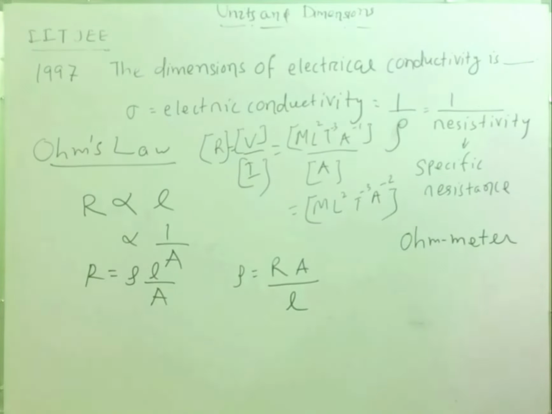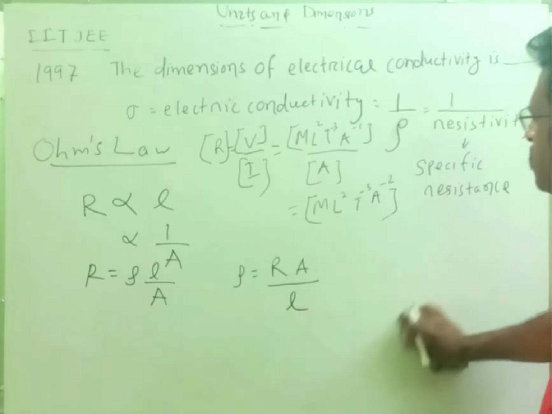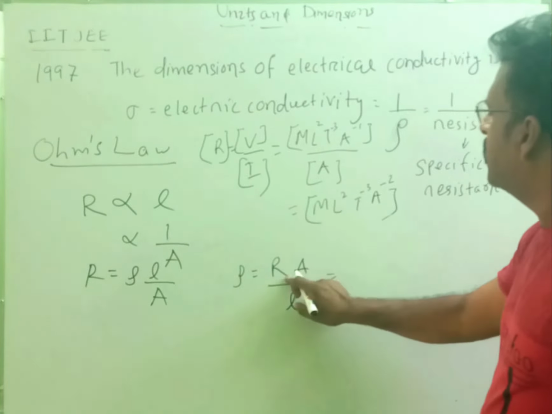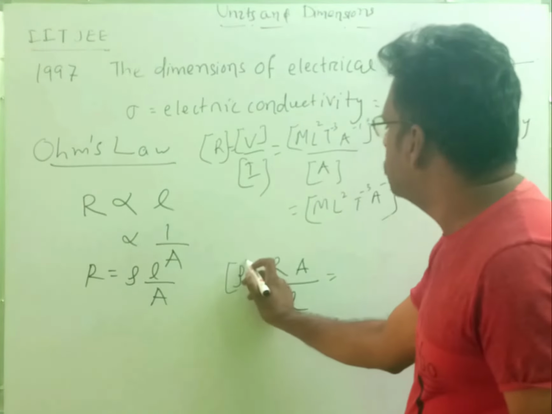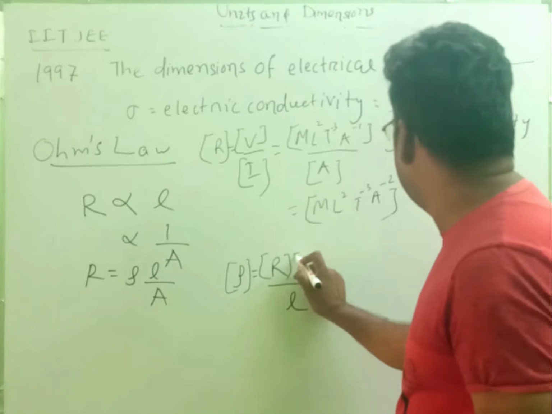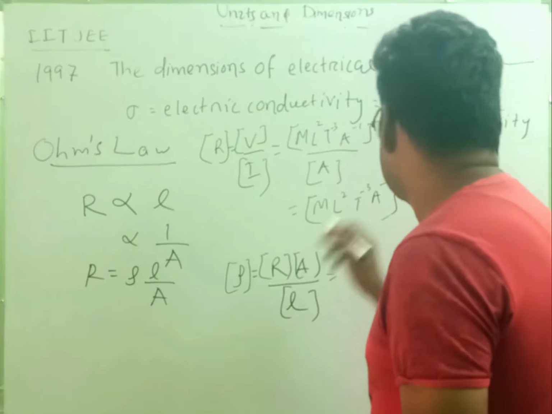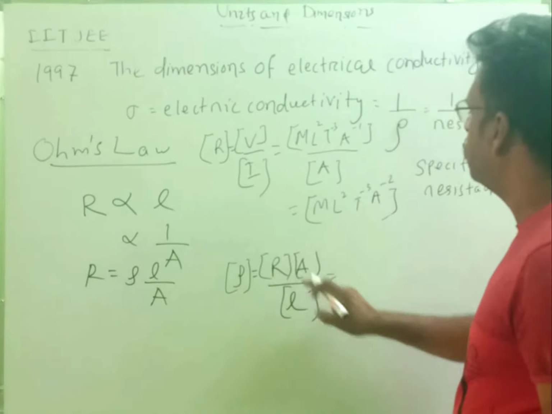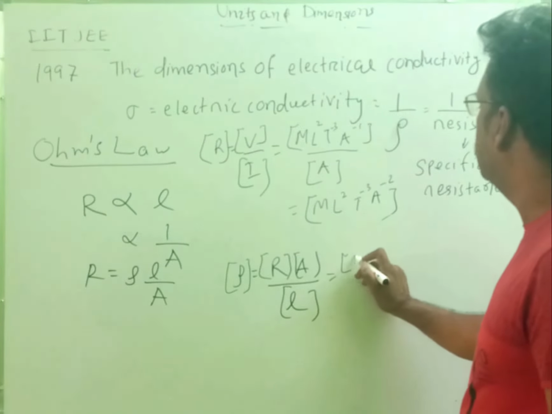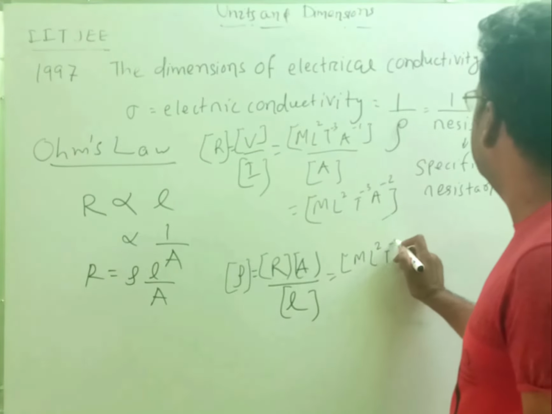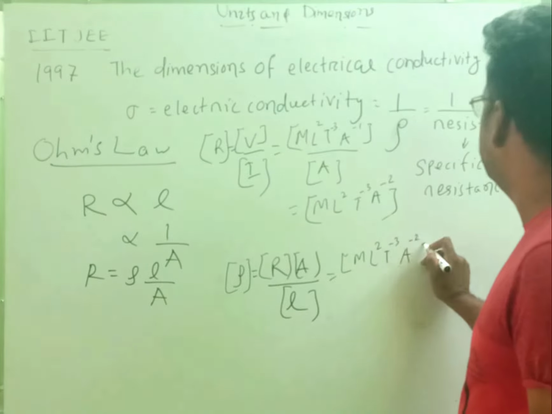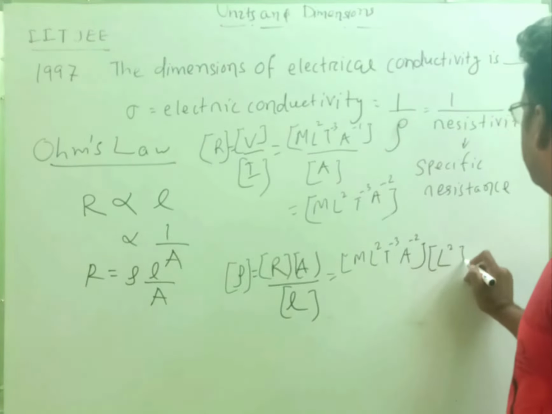So let us find out what is the dimensional formula of resistivity. So we know what is the dimensions of R. So dimensions of rho will be dimensions of R upon dimensions of A upon dimensions of L. What is the dimensions of R, student? That is M L2 T minus 3 A to the power minus 2 into A means L square.